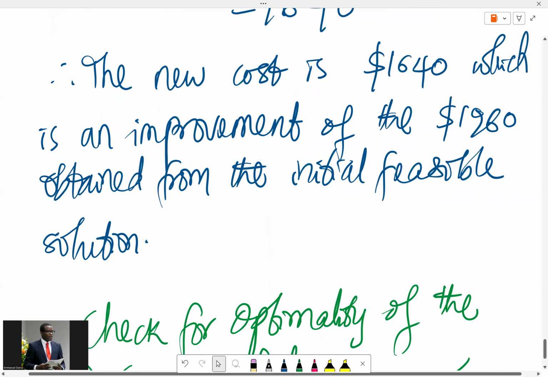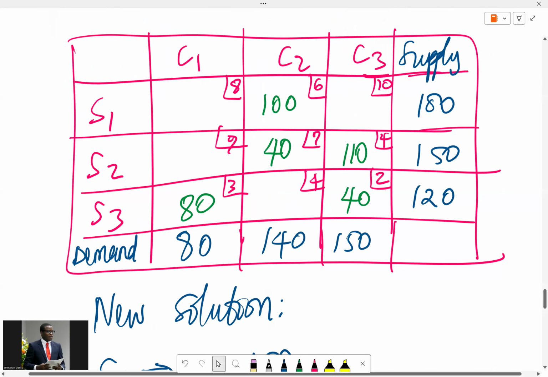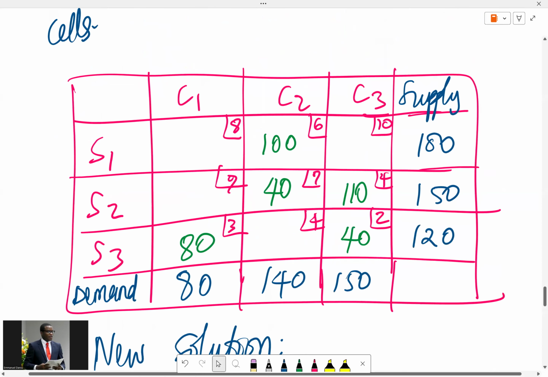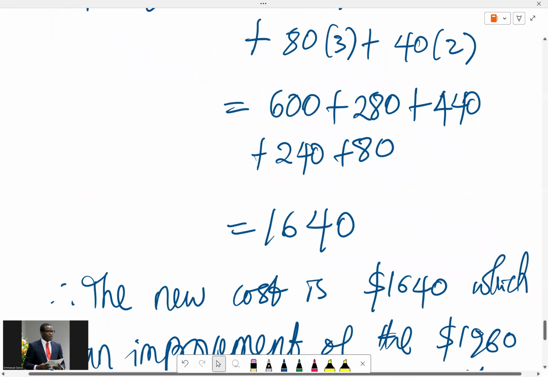Now we look at what the unassigned cells are. I guess I have to withdraw the table. I think it's worth it.